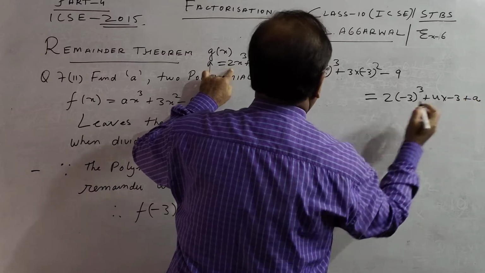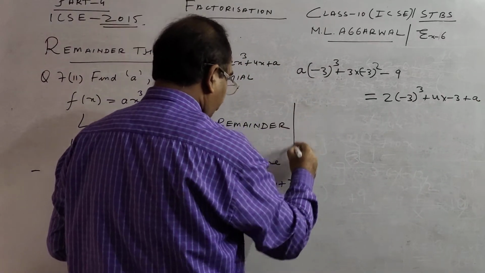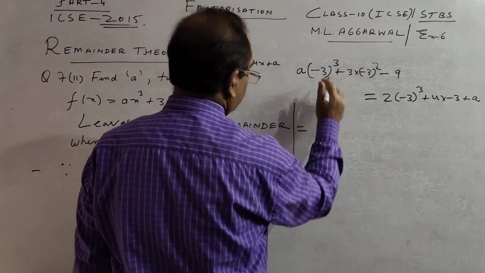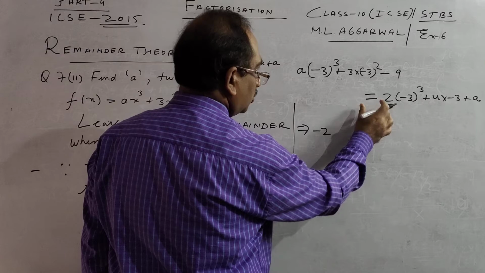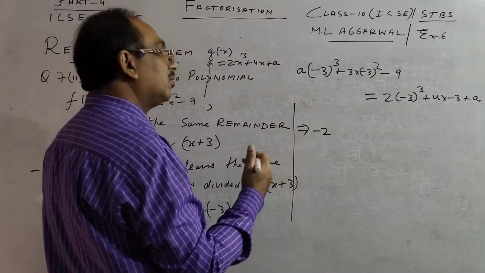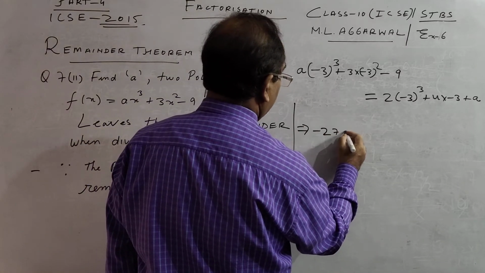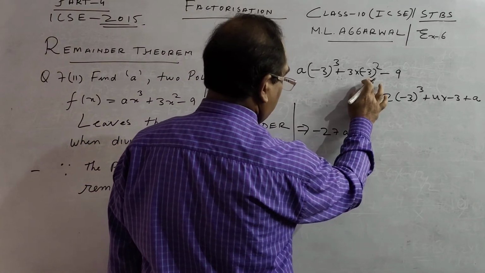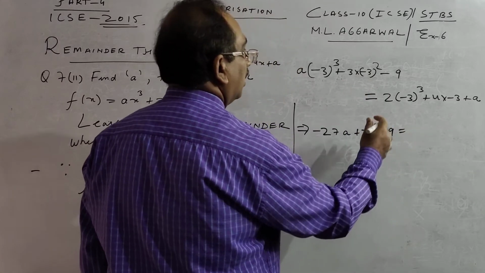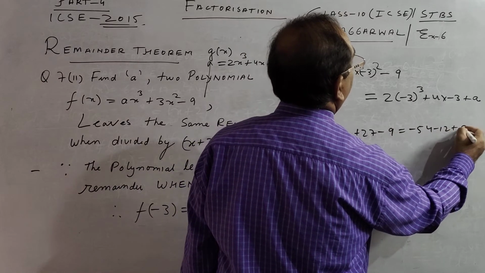You will see one thing, children, that we have a on both sides. So this becomes minus 27a. One equal to is there, don't put equal to. You put the implies sign, or in our time we used to write 'or'. Nowadays we use the implies sign. Minus 27, 9. This is 27 minus 9. And this you see minus 54 minus 12 plus a.